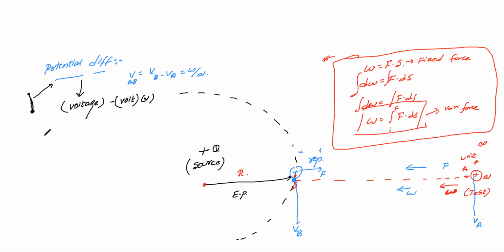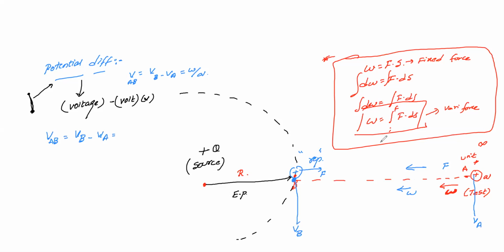First of all, we'll try to understand the potential difference between the points A and B. The potential difference between the points A and B is equal to, always remember, we have to take the difference from final to the initial point. So it is the difference VB minus VA. And the difference is because of the work done.